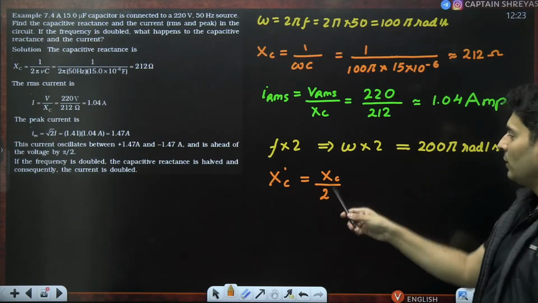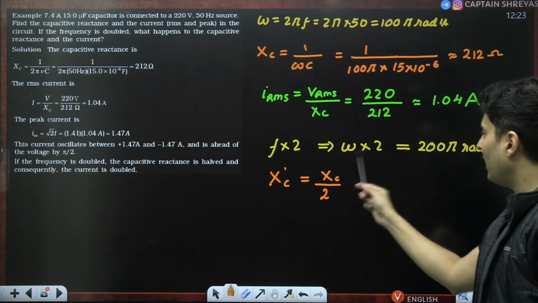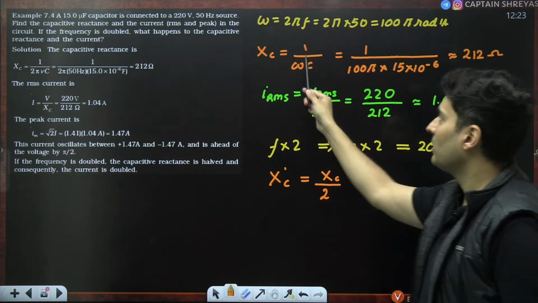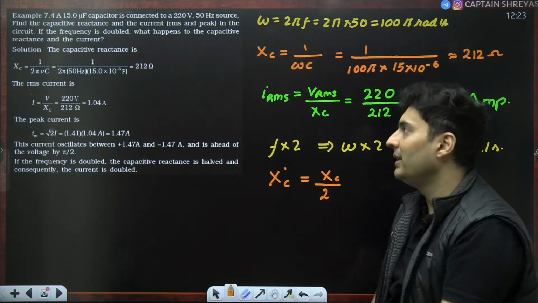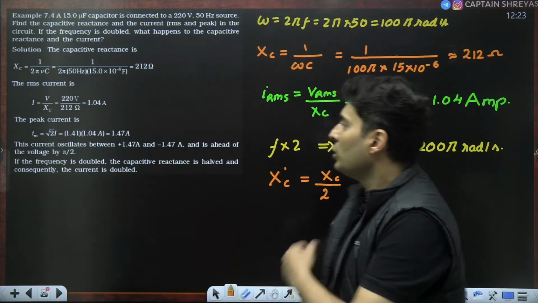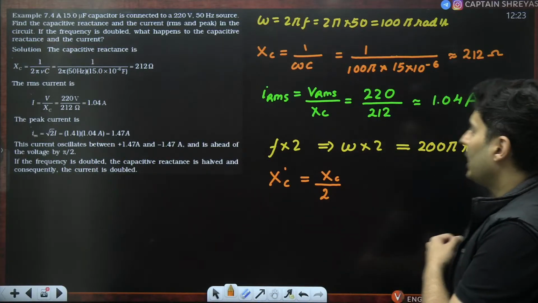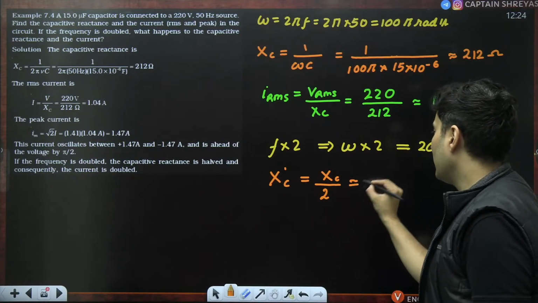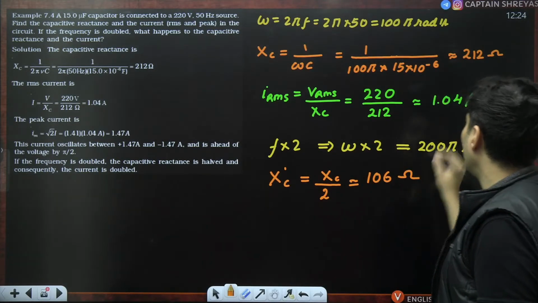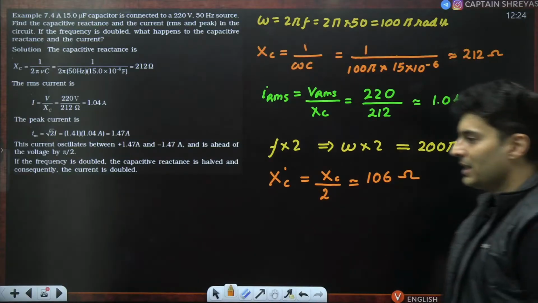Numerator has not been changed, denominator has expanded, so the ratio will decrease. So the reactance will become half of the previous one, which is 106 ohms.